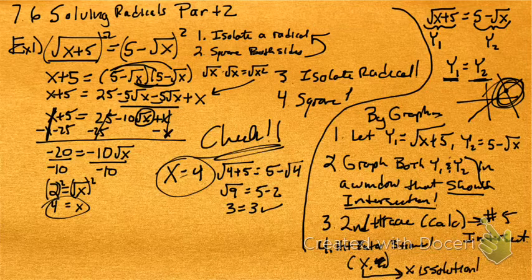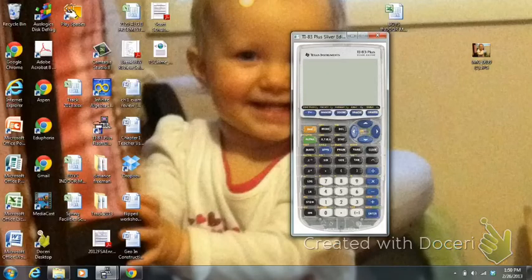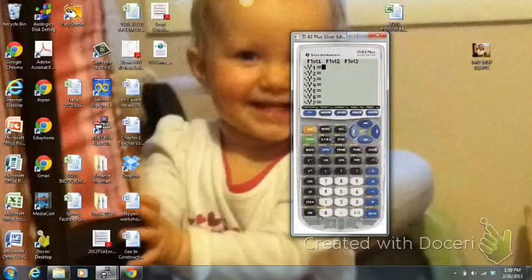So let's actually try this on our graphing calculator now. Okay, so if you have your calculator, let's turn it on and go to y equals, and then remember for y equals we're going to do the square root of, it was x minus 5.